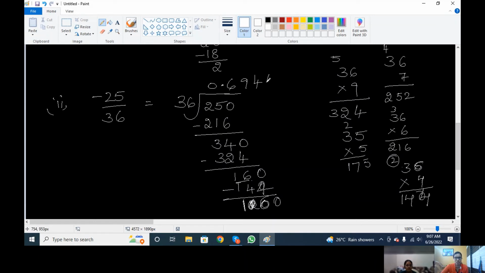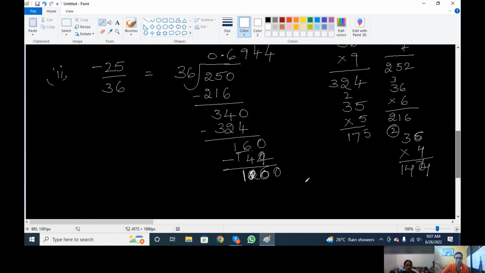Again 160 means we can take 144. Ten minus 4 again 6, again 5 minus 4 is 1. Again it is repeating, so hence we can stop writing.